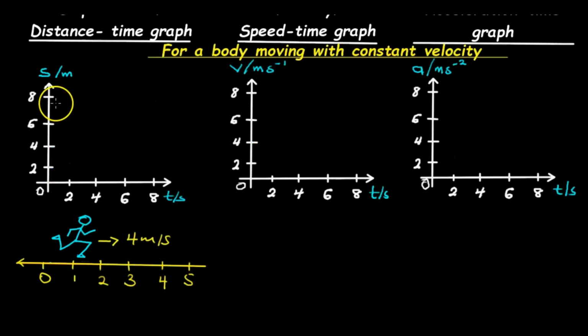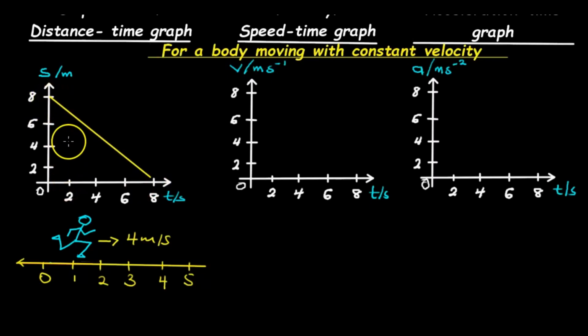You can also get an instance where the displacement of the object will be reducing, or the object is returning back to its original position. And in that case, we normally get a graph that looks like this. It means that the object was at 8 meters.